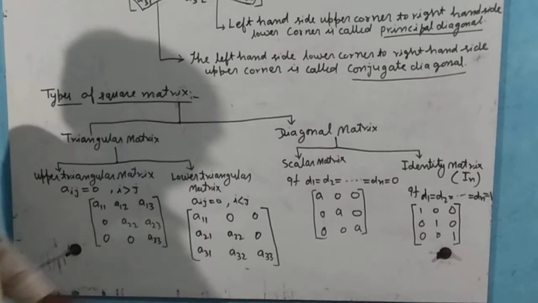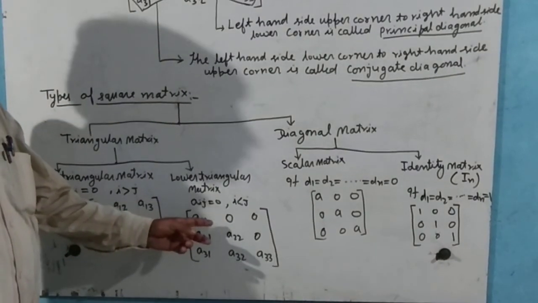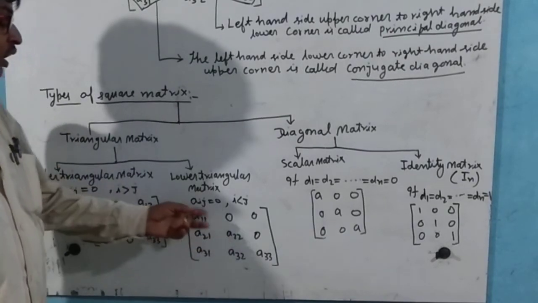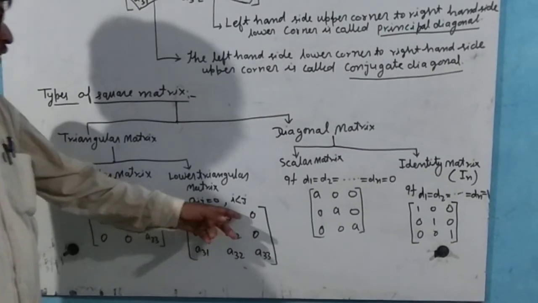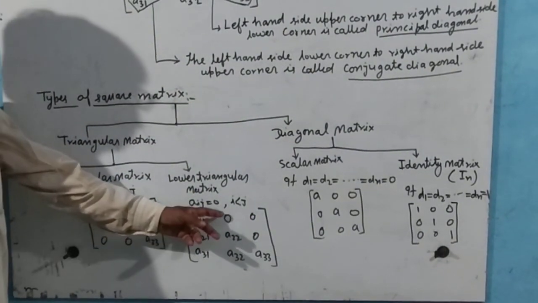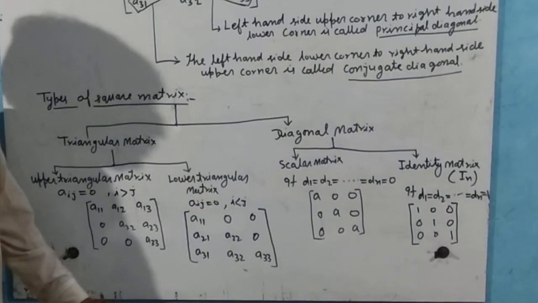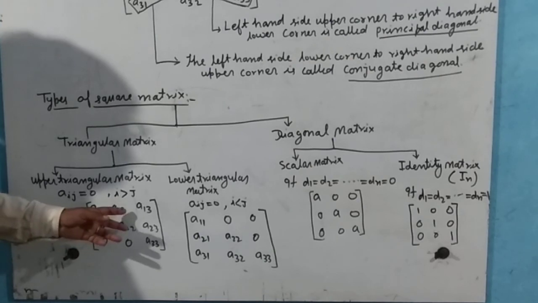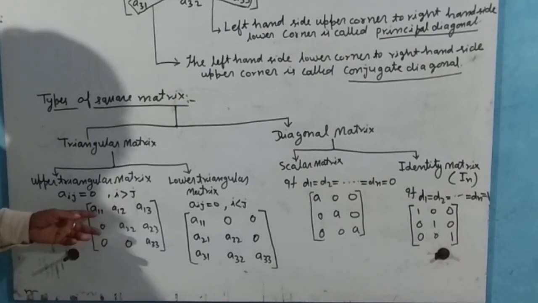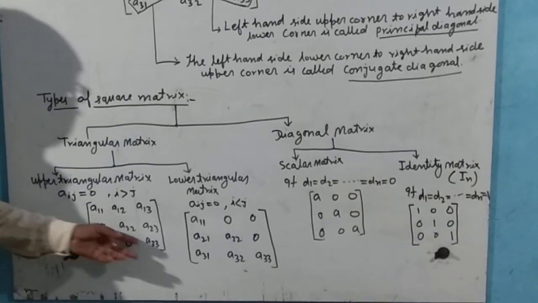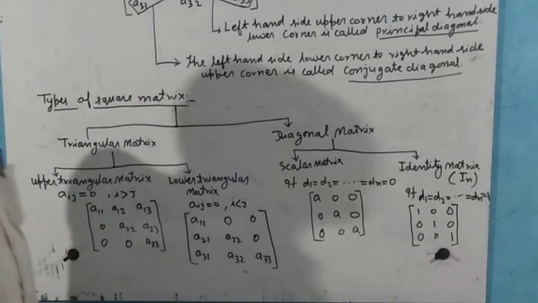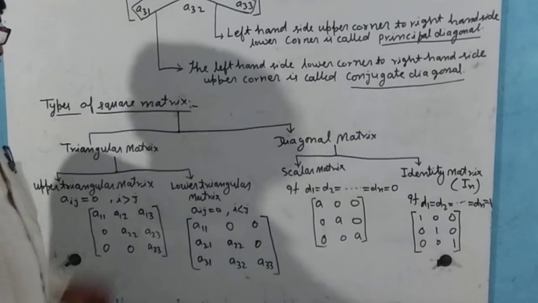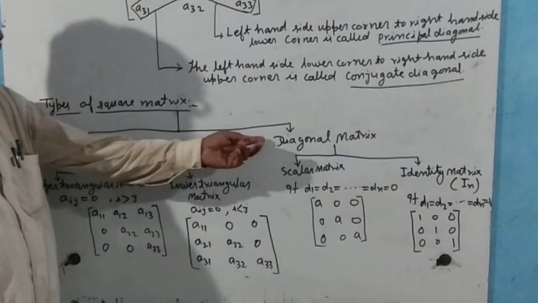And if the elements above the principal diagonal are 0, then that is known as a lower triangular matrix. Now, second, the diagonal matrix.